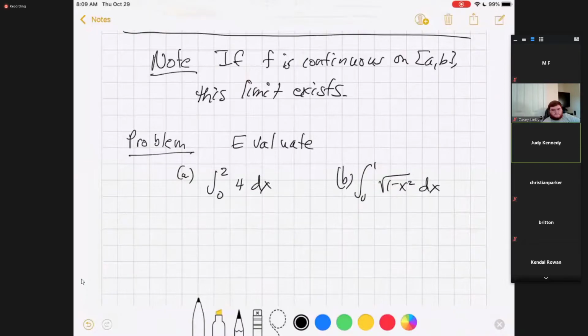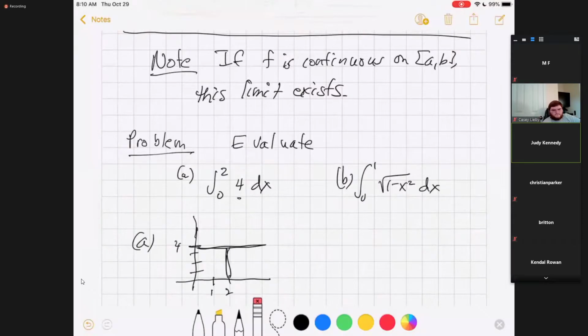Okay. What about part A? Well, what's the function here? It's a constant function. I'll call it 1, 2, 3, 4. Call that 4. And if this is 1, 2, then this integral, my function here is 4, a constant function, and I go from 0 to 2.